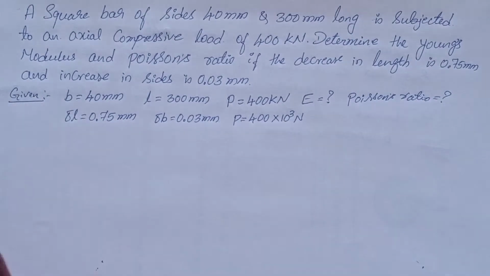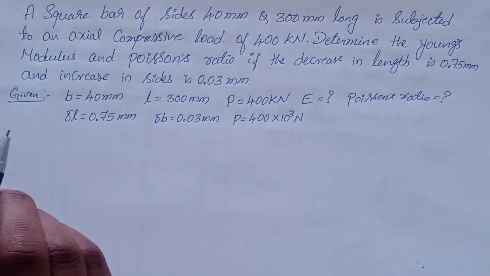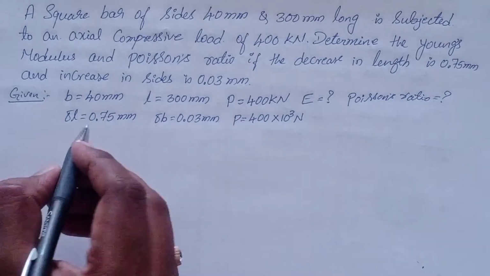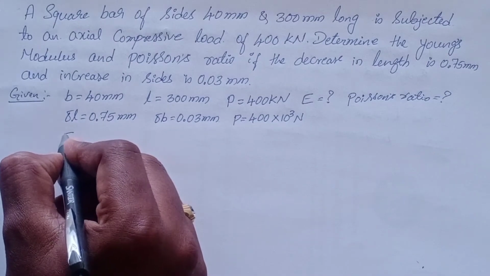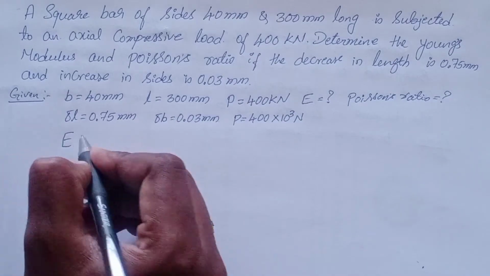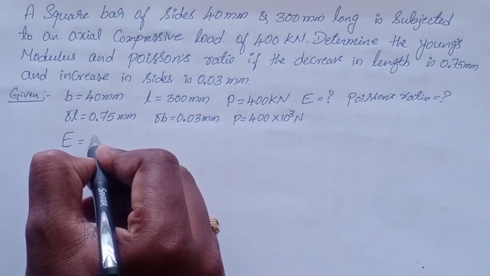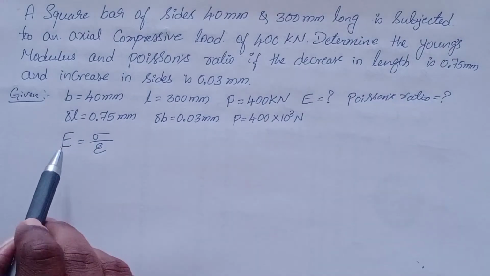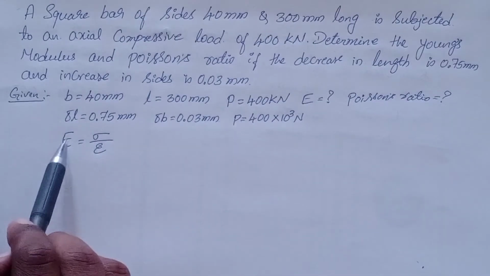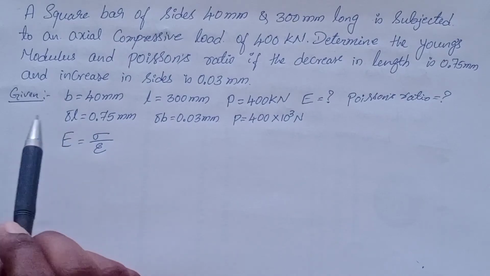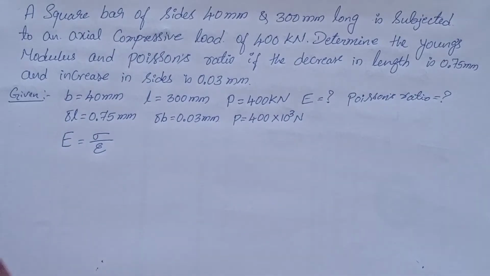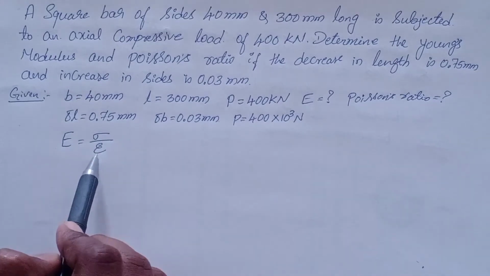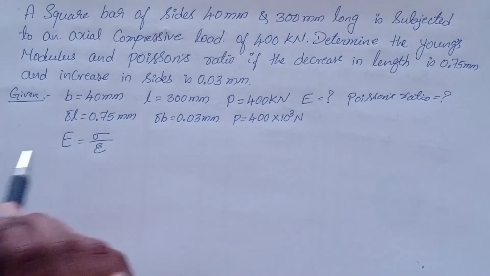Now, first we need to find the value of stress. According to the Young's modulus definition, E is equal to stress divided by strain. If we want to find the value of E, we should know the value of sigma and epsilon.